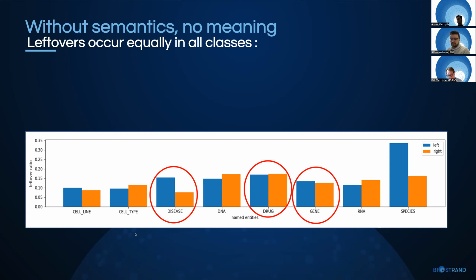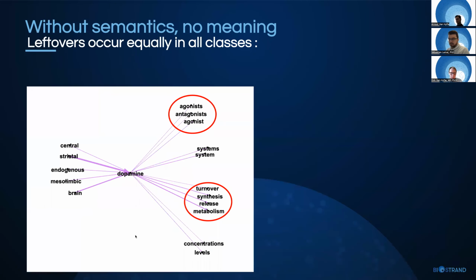That has its consequences when, in next steps, you try to extract relations and try to understand the meaning of certain interactions. Especially, I've highlighted here with these three circles the groups of diseases, drug, and genes, and this is rather problematic. So you need to solve that part.